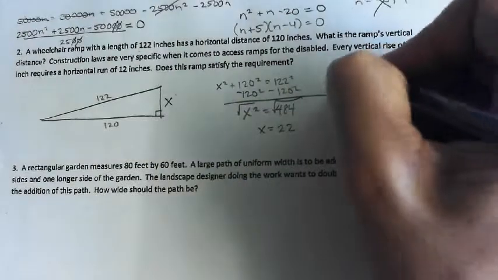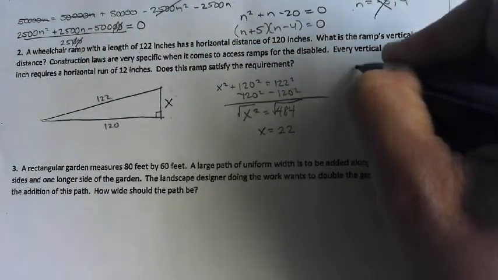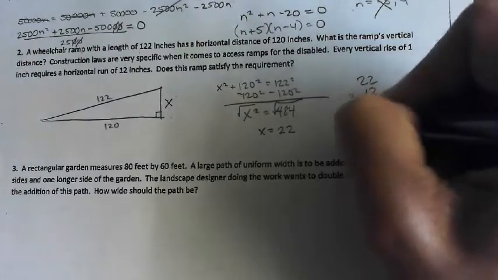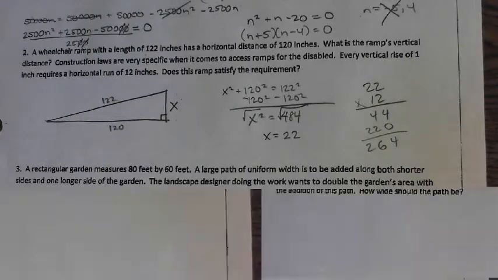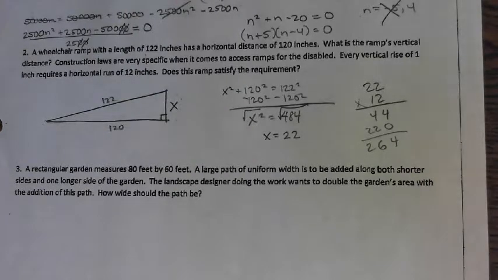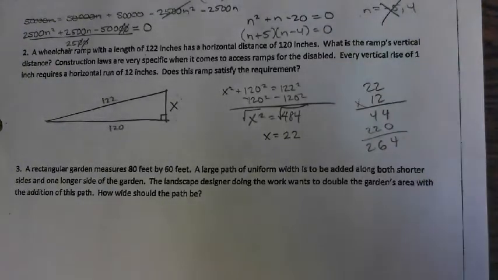So I'm just going to take 22 times 12. It's not ideal without a calculator, but I can do it. And it tells me that my horizontal run should be 264. Is mine good?